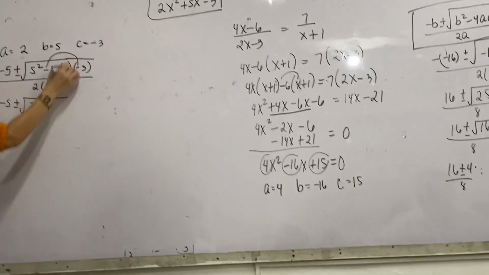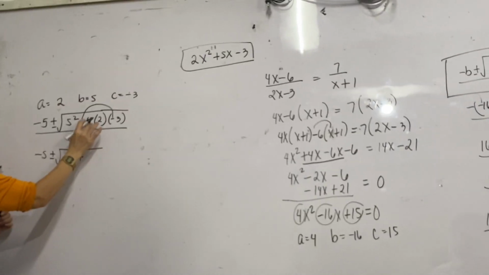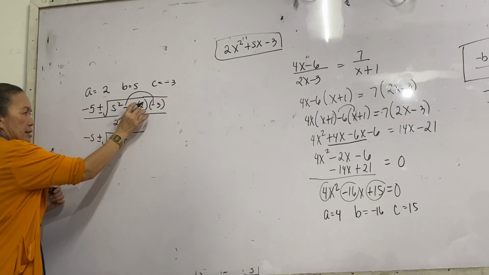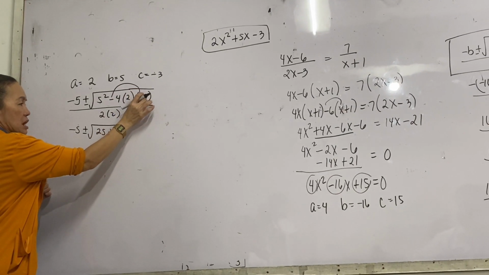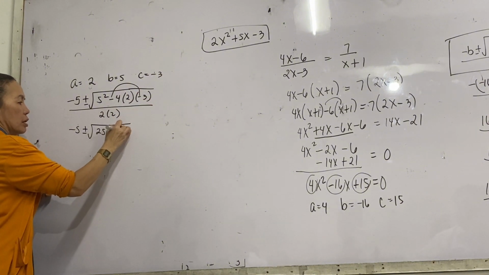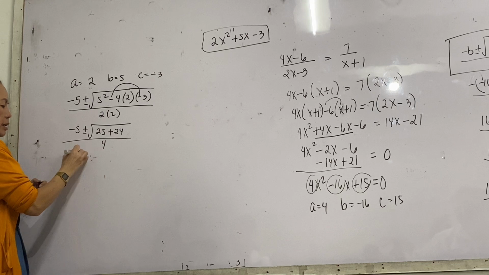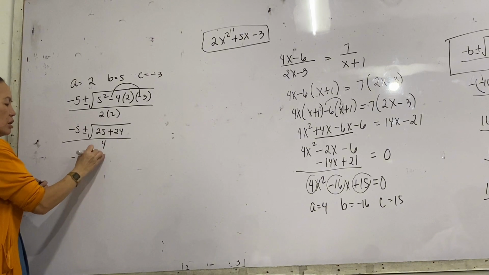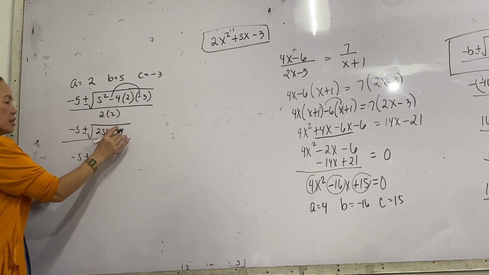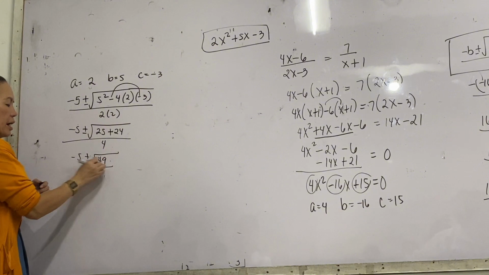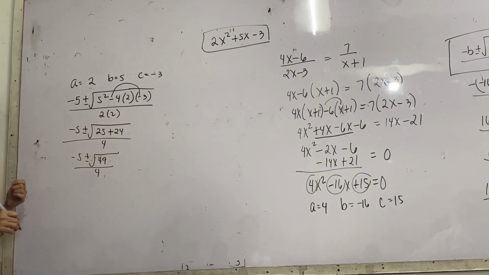Negative times negative, positive. 4 times 2, 8. Times 3, 24. Over 2 times 2, 4. Negative 5 plus minus the square root of 25 plus 24, 49. What is the root of 49?